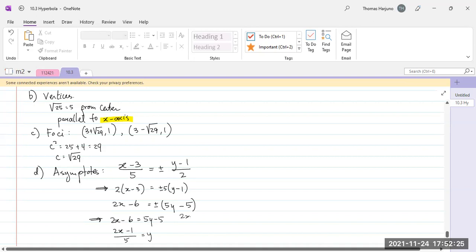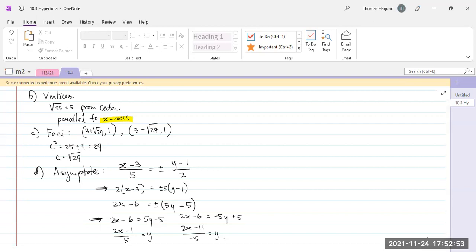And 2x minus 6 equals negative 5y plus 5, so 2x minus 11 over negative 5 equals y. Now the equation seems hard to graph later on, but using the center and auxiliary rectangles, it will be quite easy.